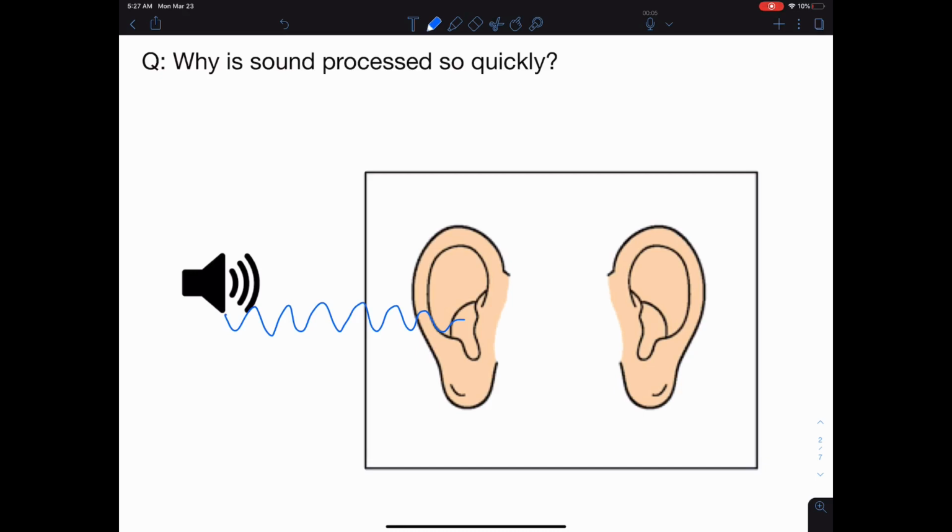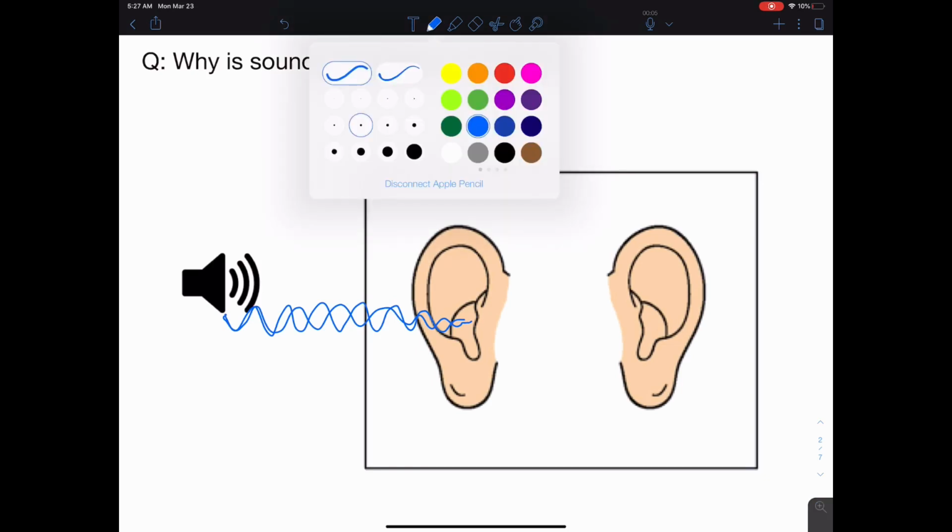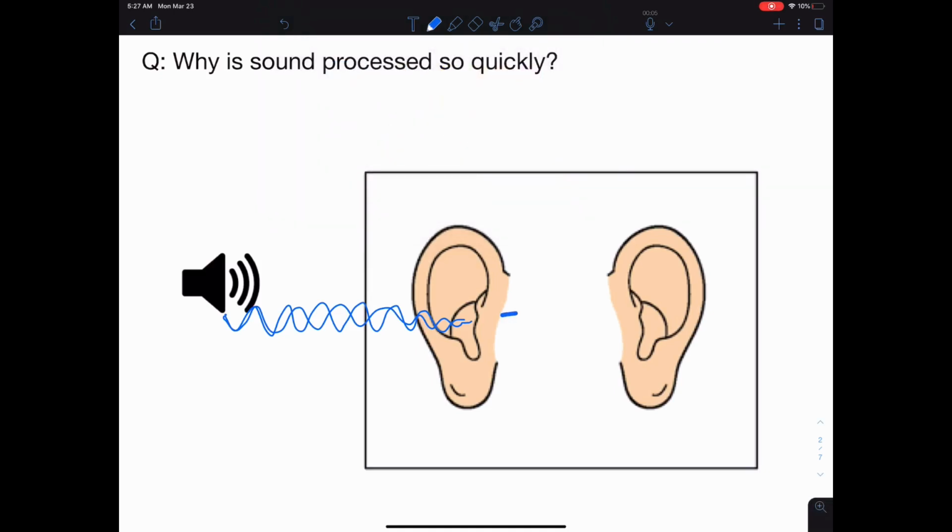So when sound comes into one ear, the process needs to be fast enough that it can start sending the signal up to the brain, at least start the signal, not necessarily all the way, so that by the time the wave gets to the other ear, the signal is further ahead than in the first ear.